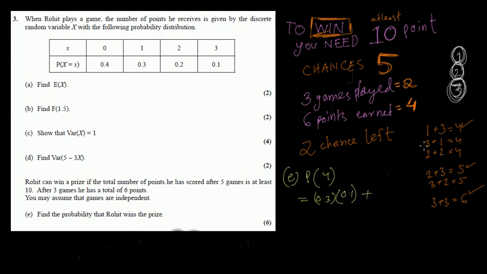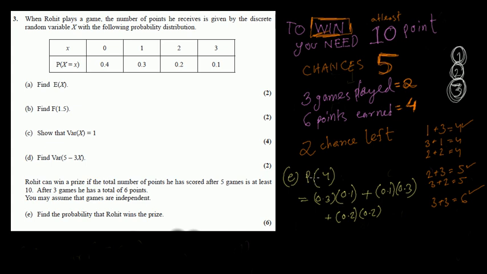Or you can get 3 and 1, that means 0.1 and 0.3, just the reverse. Or you can get 2 and 2, that means 0.2 and 0.2. This does not have any ordering.